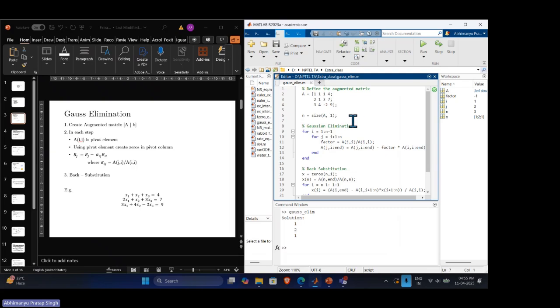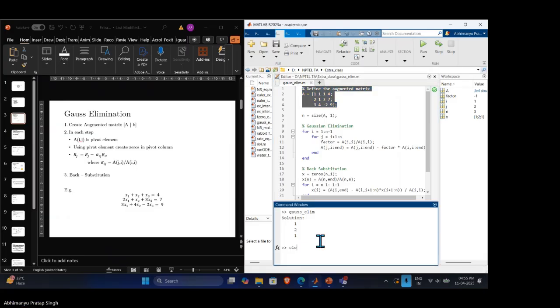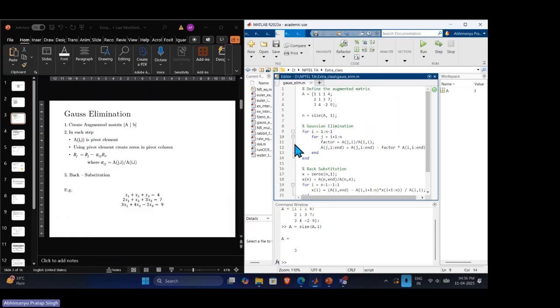So this many number of times we need to run the loop. So we get 3, that is the number of rows. It's a square matrix, so it does not matter if we calculate the columns or rows.